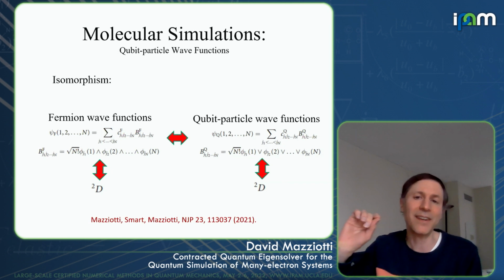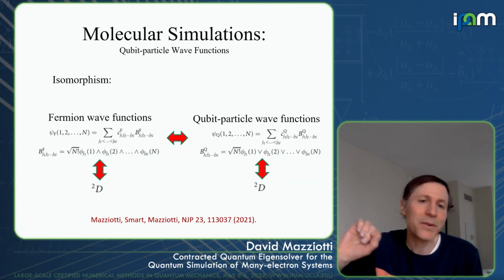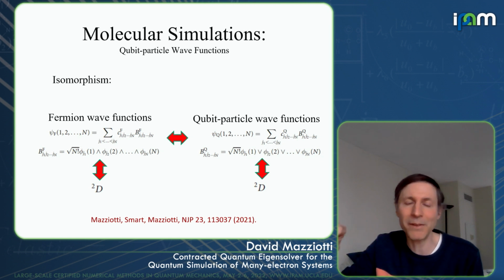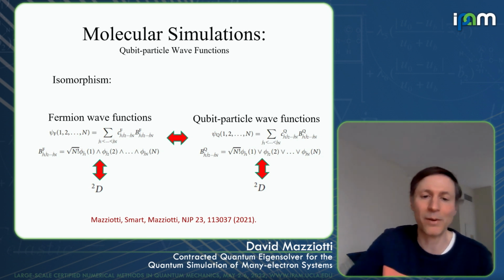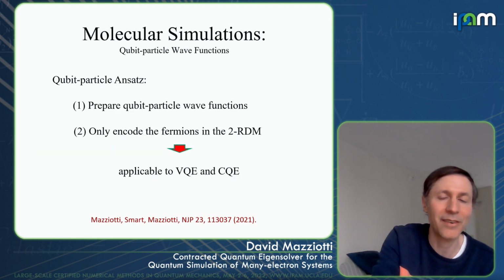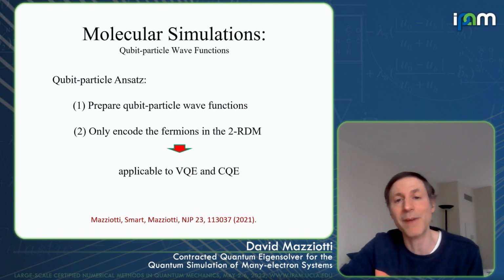And it turns out one can prove that the two-electron reduced density matrix is a functional of both the fermionic wave function set as well as the qubit particle wave function. So we can, in principle, get the exact fermionic 2-RDM as a functional of the qubit particle wave functions in a way that has a one-to-one mapping. It has an isomorphic, or bijective, mapping.